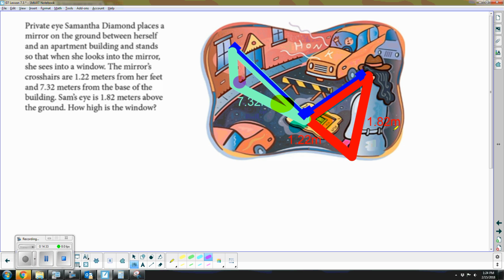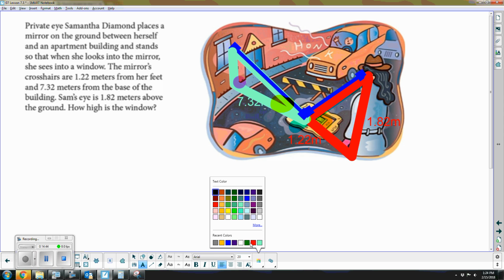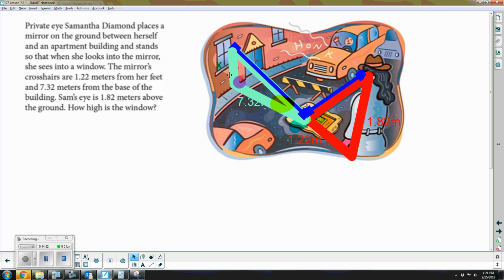They may not look like it in our diagram, but that's just the way the picture is drawn. So we know that these are similar triangles, and we are looking for x, the height of this building. You can call it whatever you want, but that's the variable we're looking for right here.